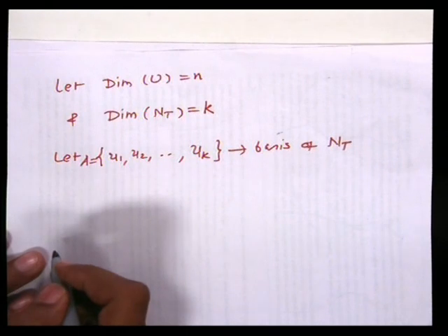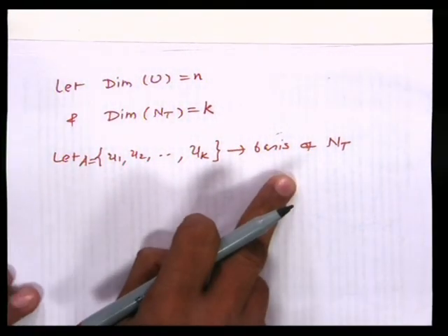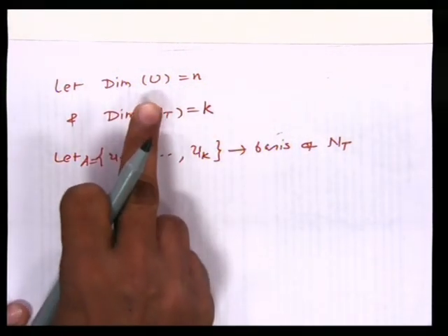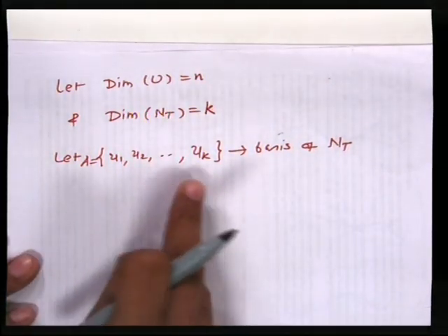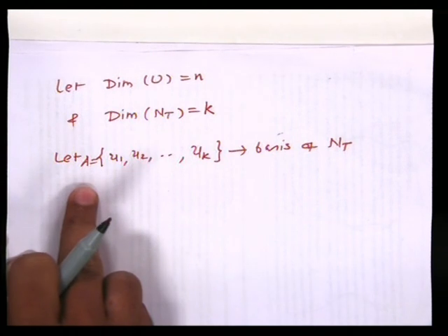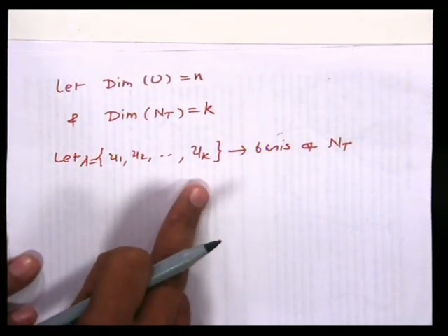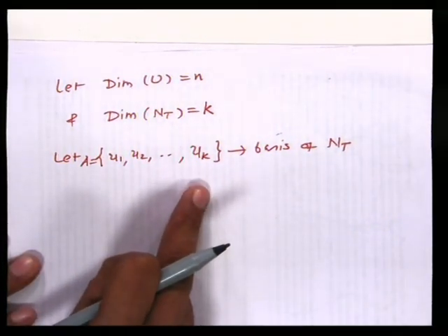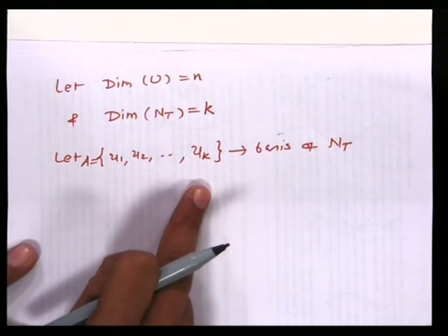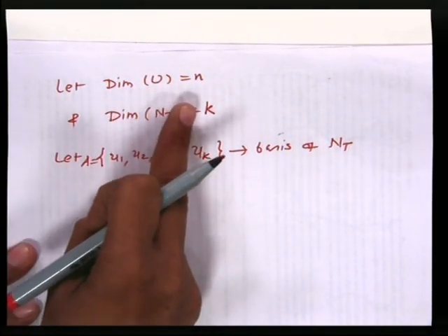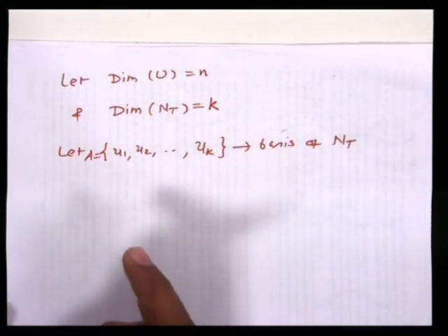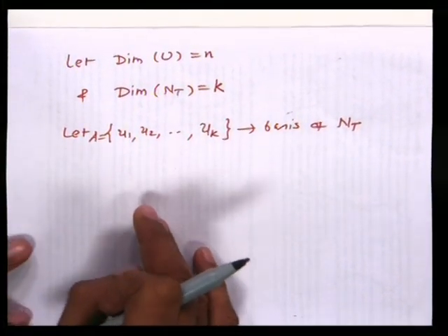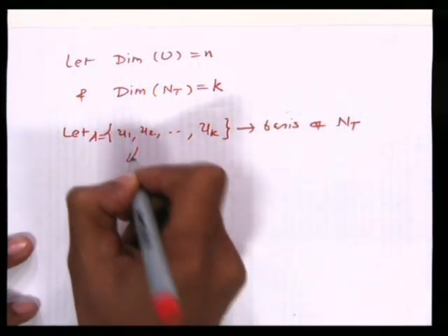Since A is a basis of N(T), the set A is a linearly independent set containing k vectors, and since the dimension of U is n, we can extend this set A to a basis of U containing exactly n vectors.